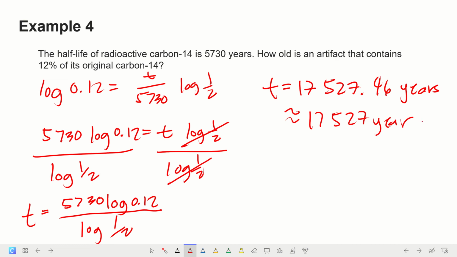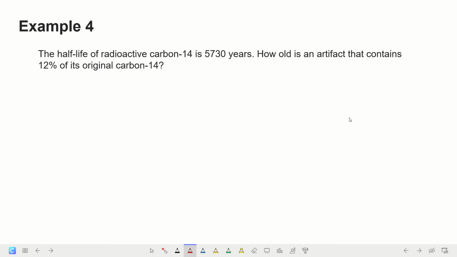So to conclude, the artifact is about 17,527 years old, if the amount of carbon-14 remaining is 12% of the original value. So the artifact is 17,527 years old. So let us solve this using A sub O.